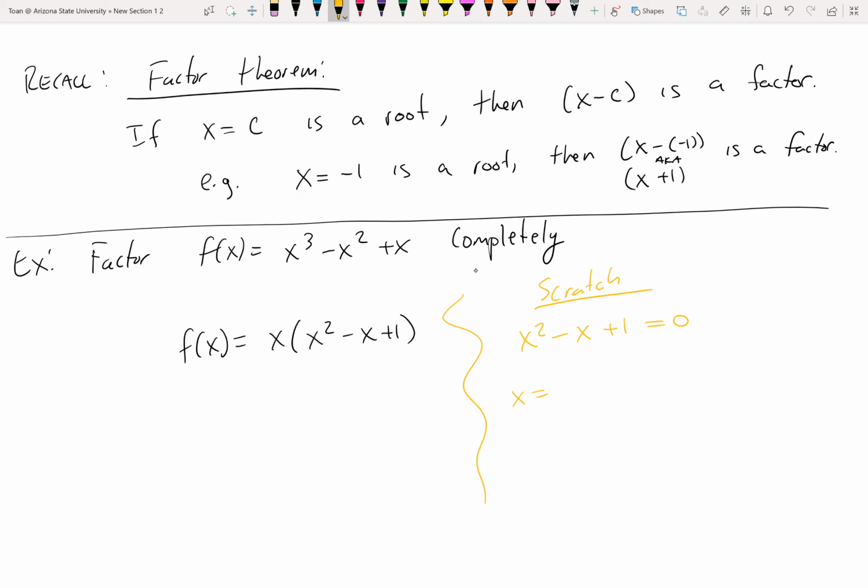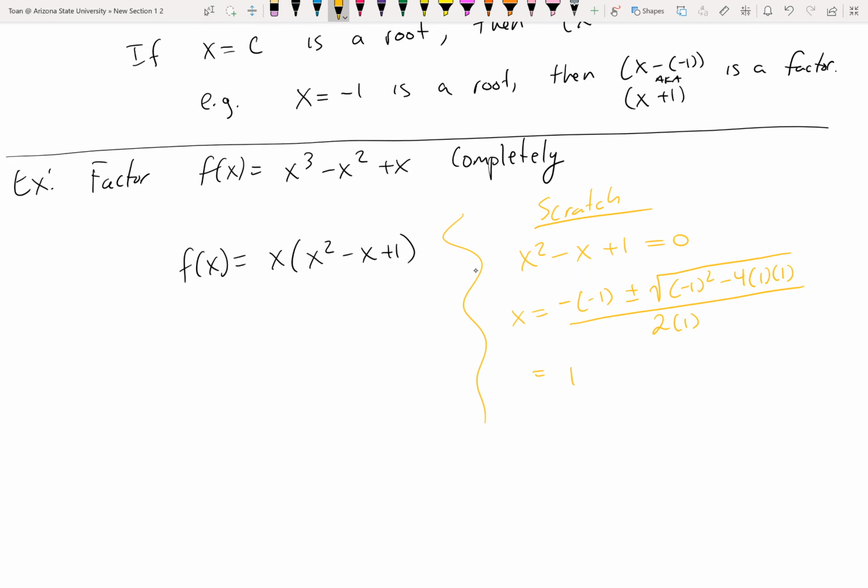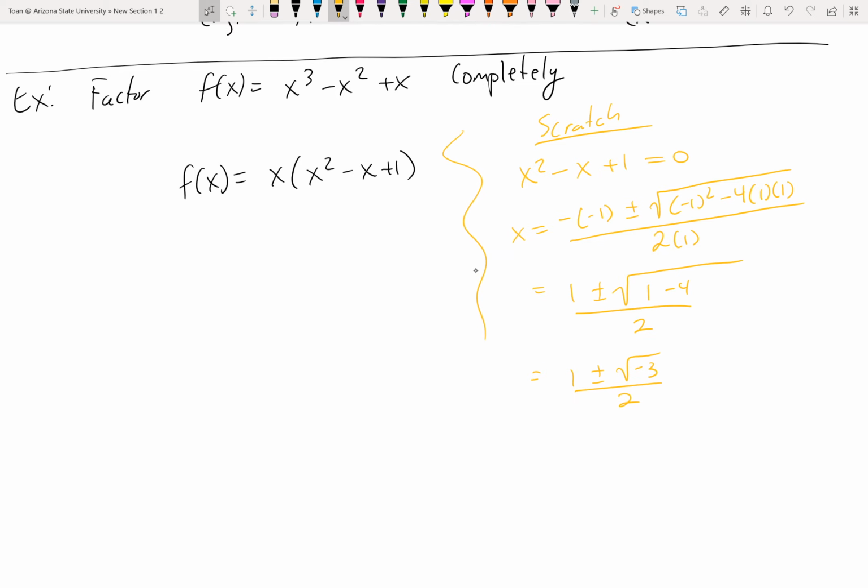So, x equals negative b plus or minus the square root of b squared minus 4 times a times c all over 2 times a. So that gives us a 1 plus or minus the square root of 1 minus 4 over 2, 1 plus or minus the square root of negative 3 over 2, and what do you know, when you take a square root of a negative, you produce imaginary numbers.